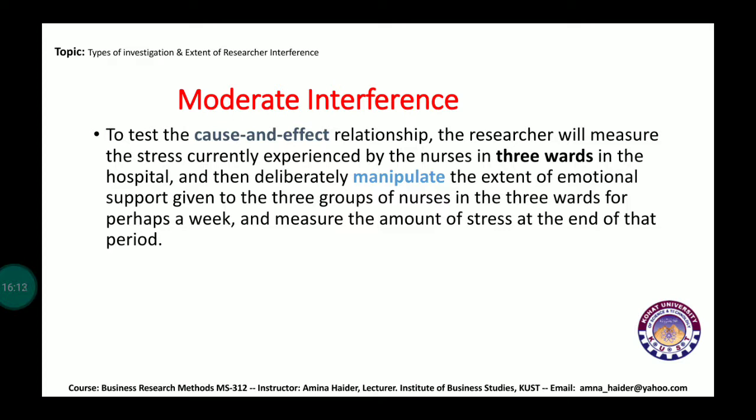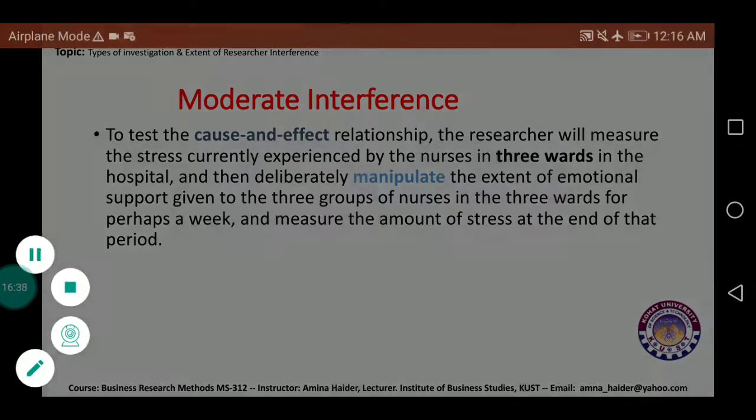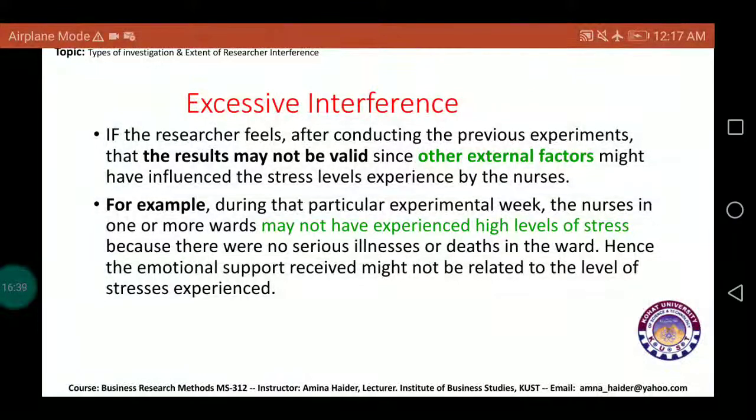So, comparing it with the previous example, here the researcher has manipulated things, and that's how he has measured the variables in the study. So here the interference of the researcher is of moderate nature. Excessive interference.